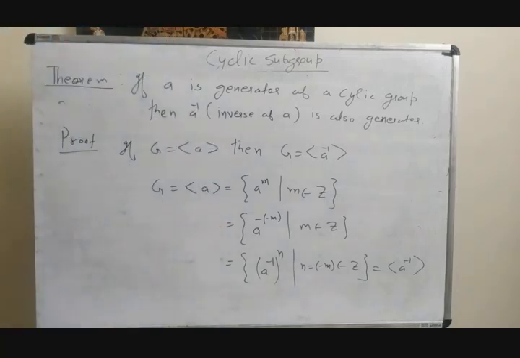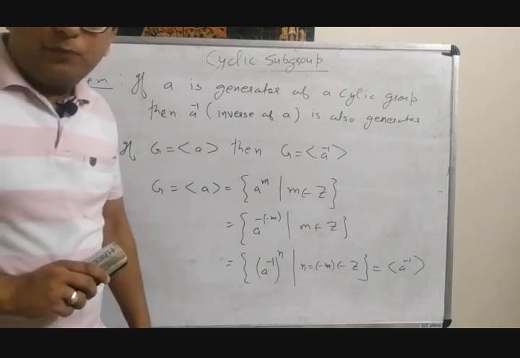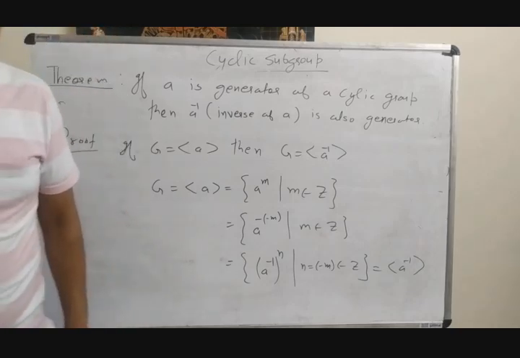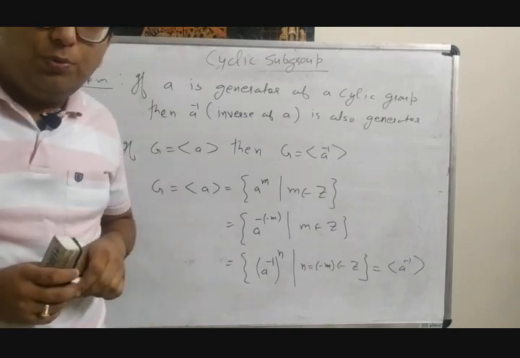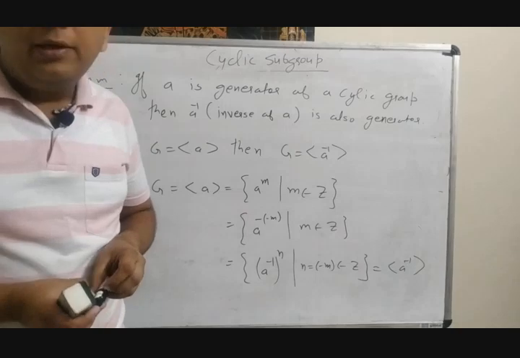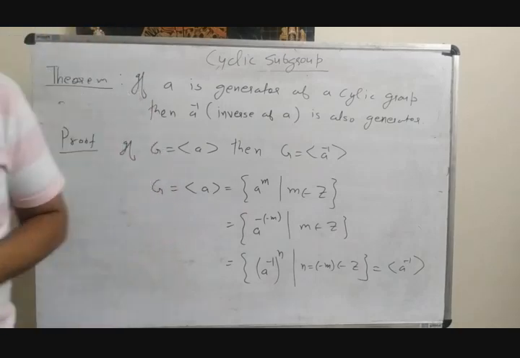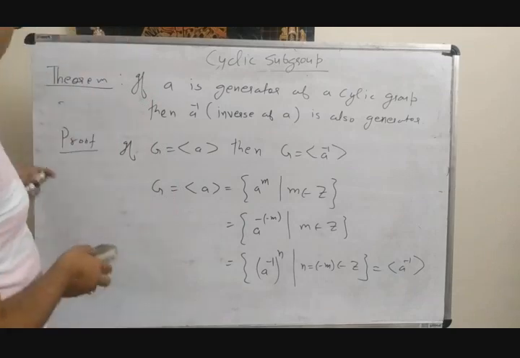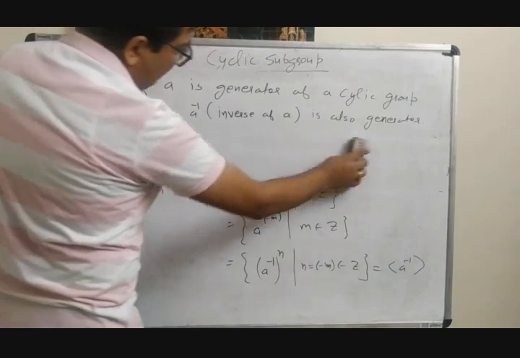Now, the next result is very important. It says that every subgroup of a cyclic group is cyclic. Every subgroup of a cyclic group is cyclic.